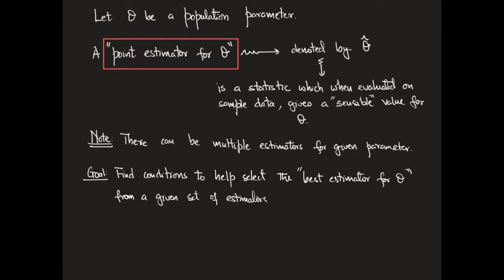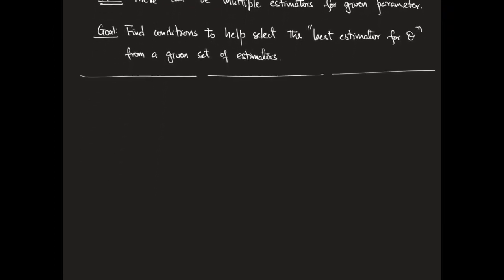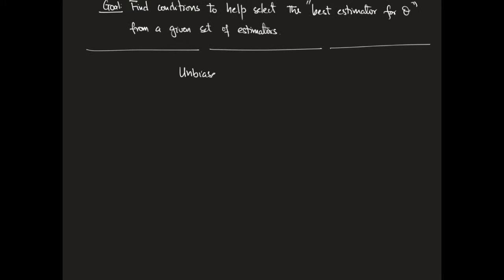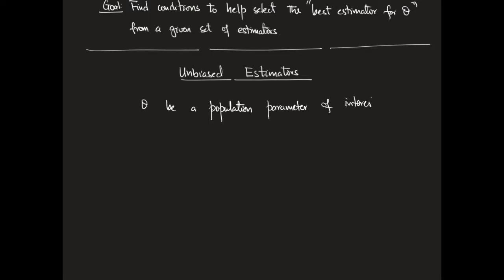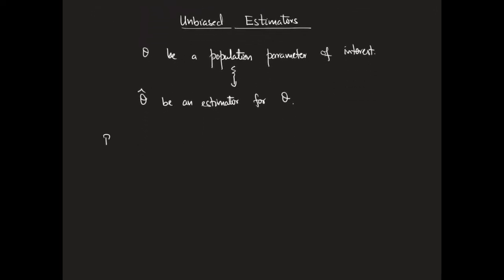And to that end, we will begin our study by studying unbiased estimators. So let theta be a population parameter that we are interested in studying, and let theta hat be an estimator for theta. Remember that theta hat is a random variable.